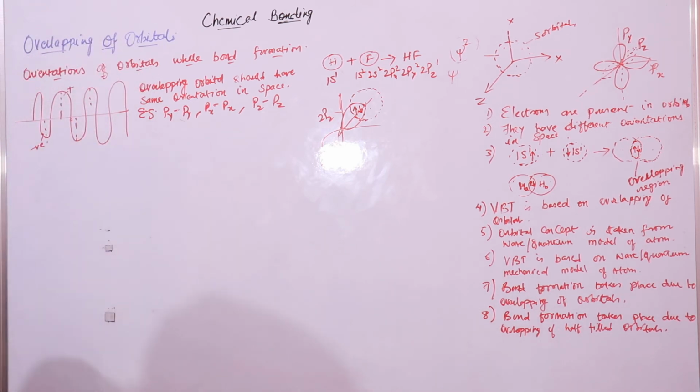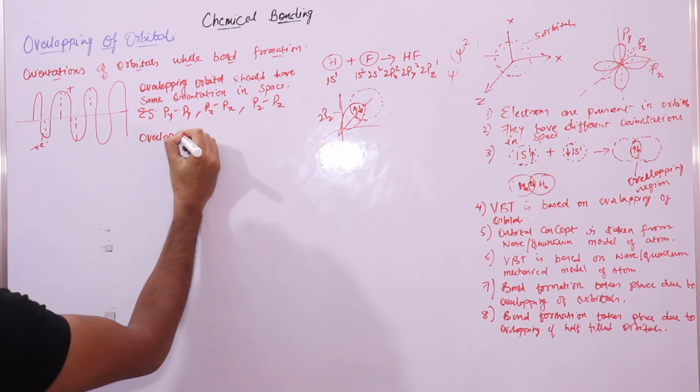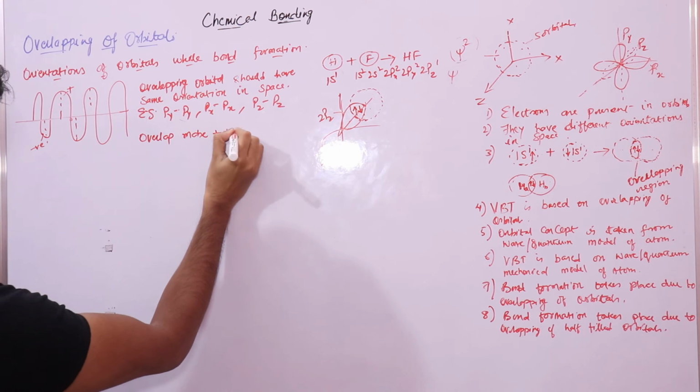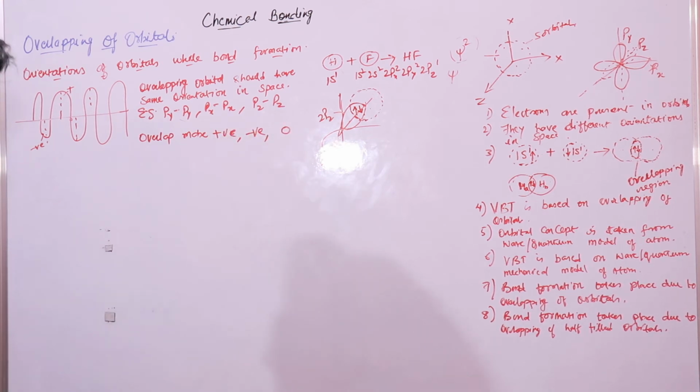The orientation of orbitals should be the same. So we say that their orbital overlap may be positive, negative or 0. What do we mean by this?